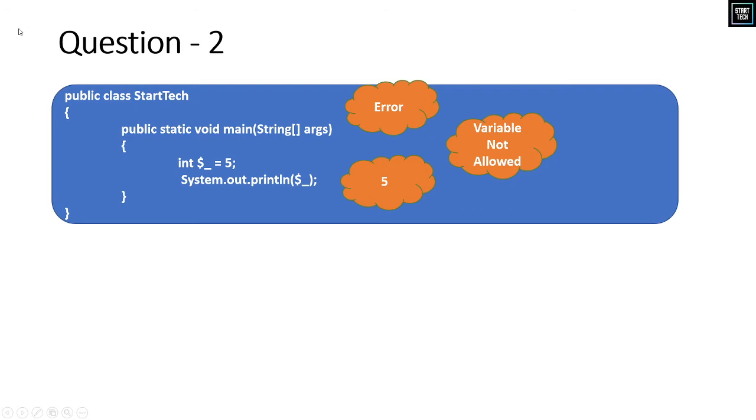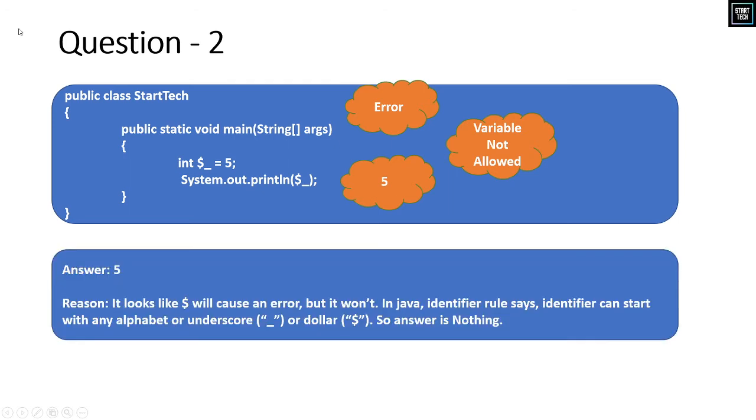It says an identifier can start with any alphabet, underscore or dollar. So we can start a variable name with a dollar as well. So the output is 5.